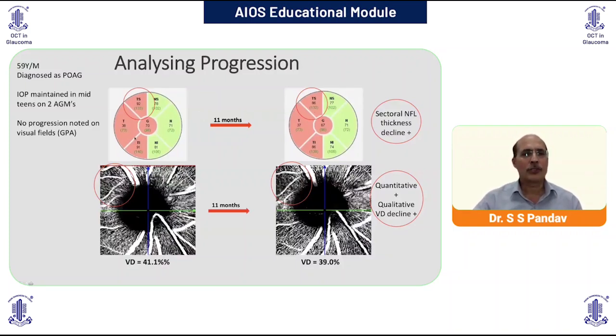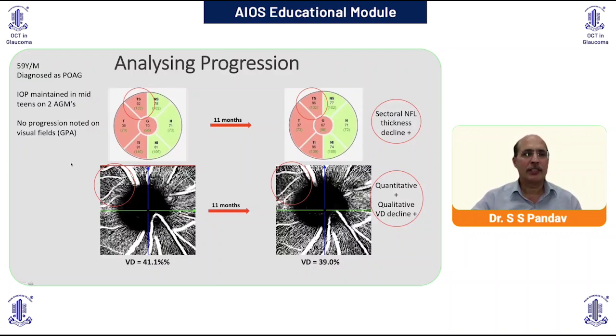That is also seen in the OCTA, where the vessel density has gone down a little bit, some 2-3 percentage points in the same area. Statistically, it didn't reach significance in this particular patient, but definitely there is some change for the worse, seen in both the OCT and the OCTA, so the two correspond with each other.